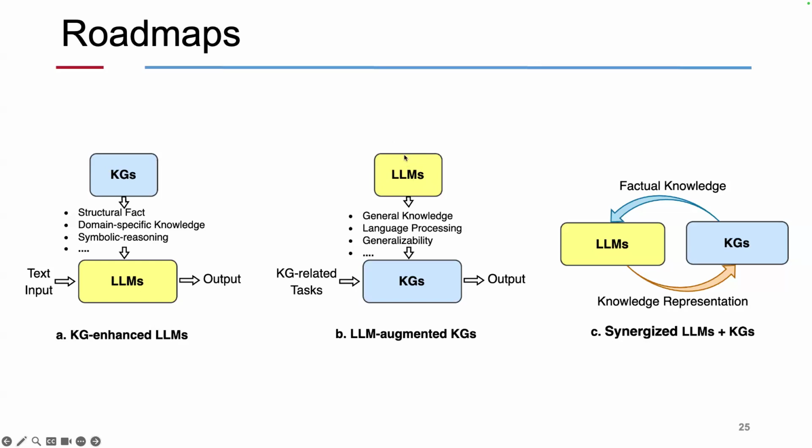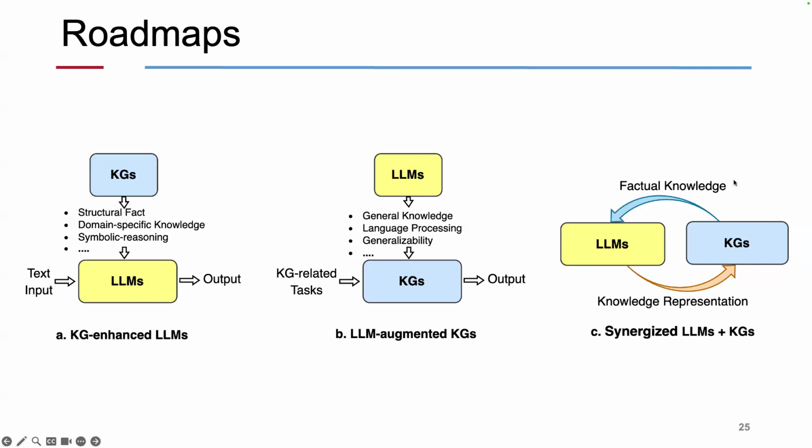For instance, they can help us recognize entities and the relations between them, and also provide a lot of other general abilities to help us finish different kinds of KG tasks.